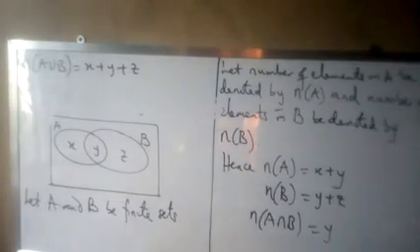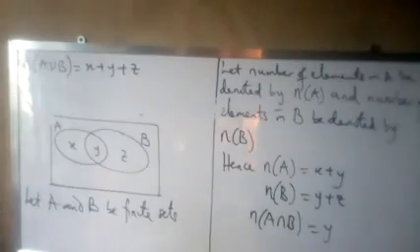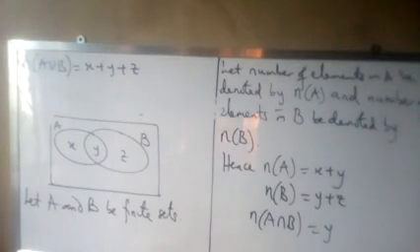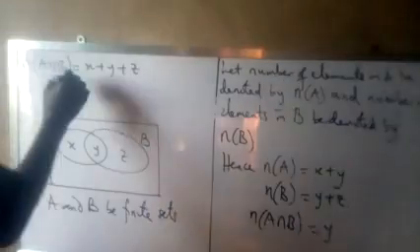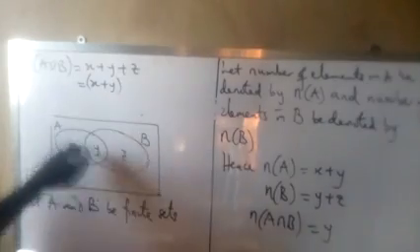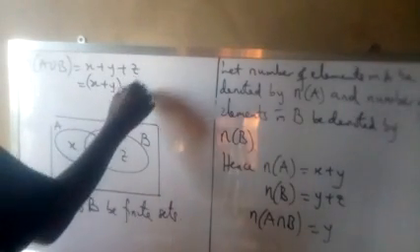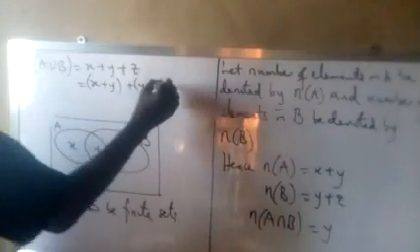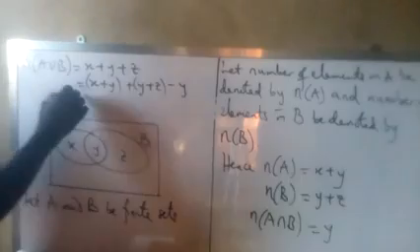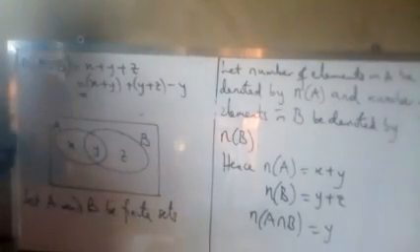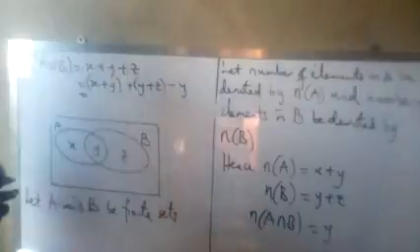But in this case, suppose we had this, and we subtract that, what are we going to have? So X plus Y, which is for A, plus Y plus Z, which is for B. Now, suppose we subtract Y. Because Y is the point of intersection, it's like we are repeating that Y more than once.